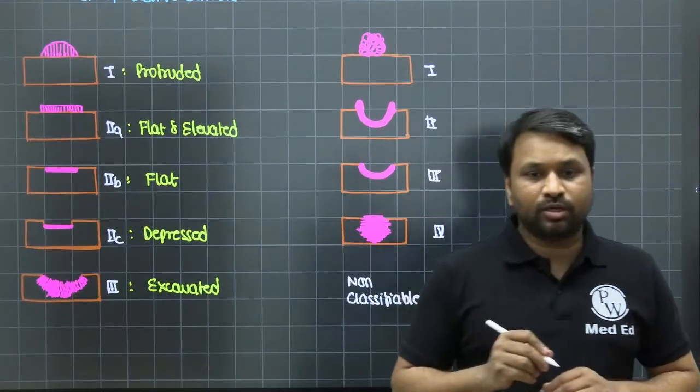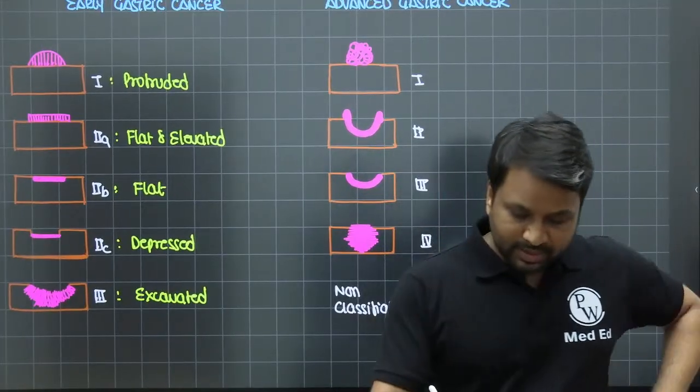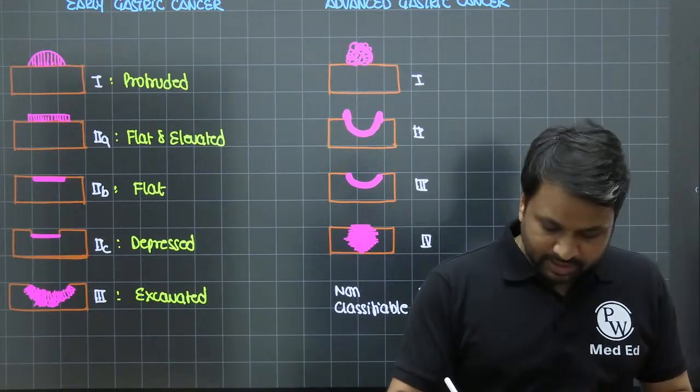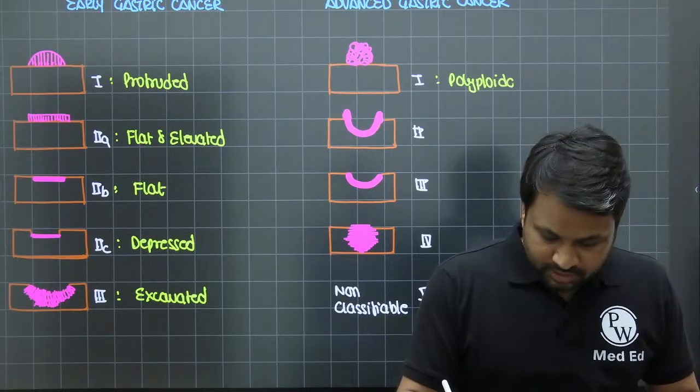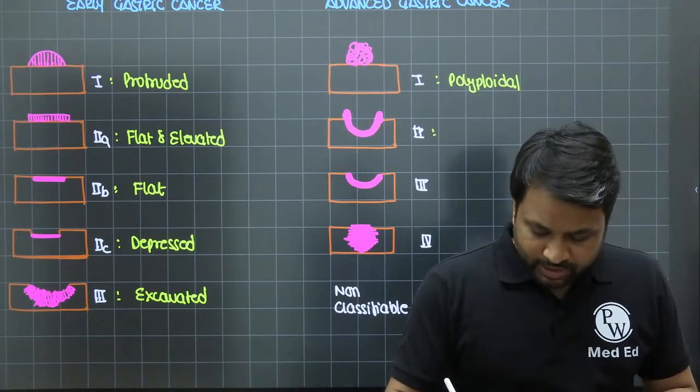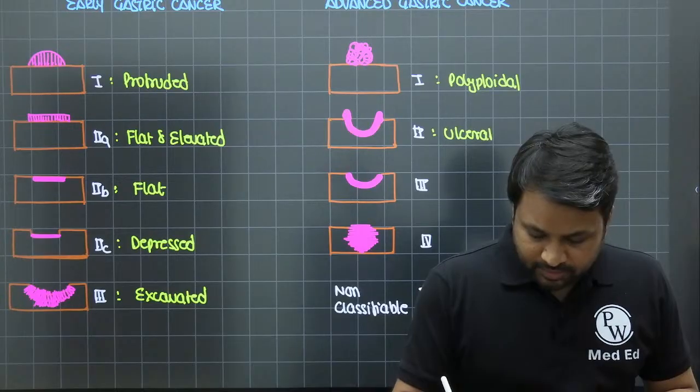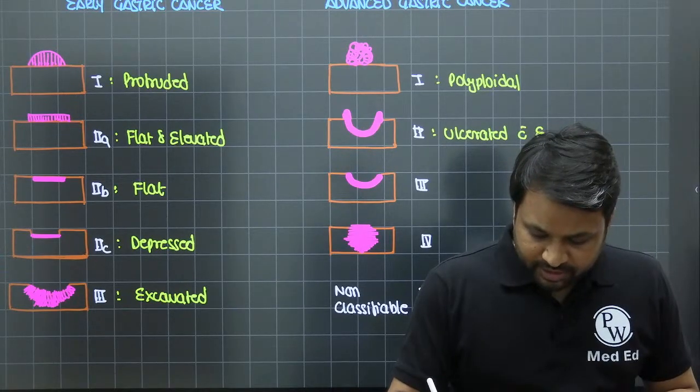Now, what is type 1 variety here? The type 1 variety here is polypoidal. Type 2 variety is ulcerated with elevated margin.